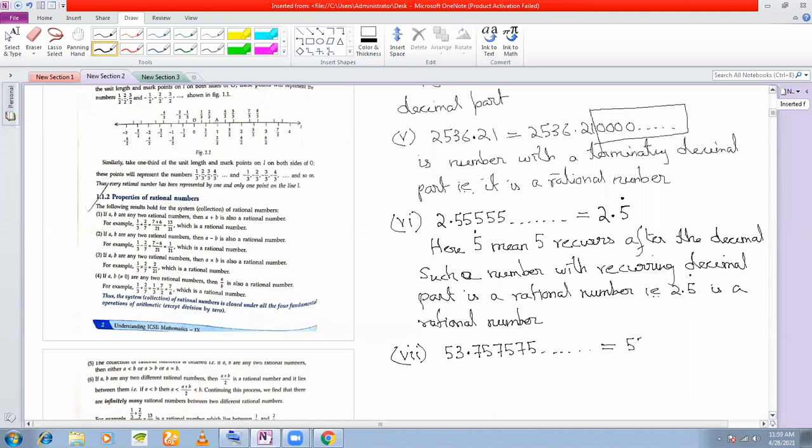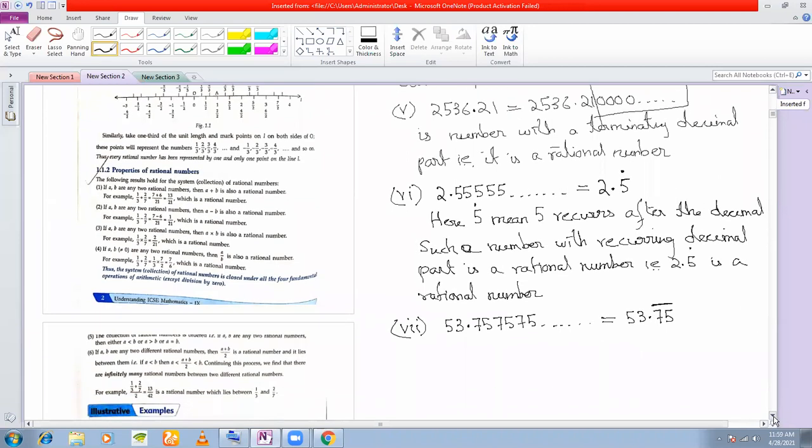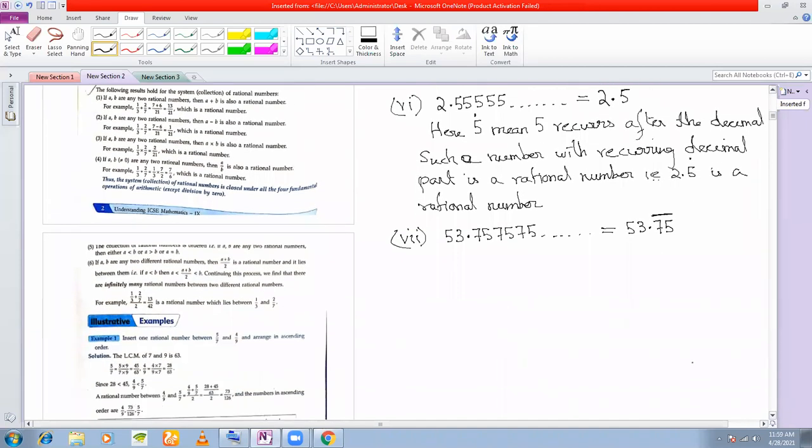This is written as 53.75 with a bar on top above 75 to denote that 75 recurs. So here, a bar above 75 means 75 recurs after the decimal part.